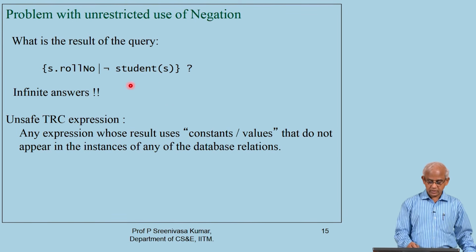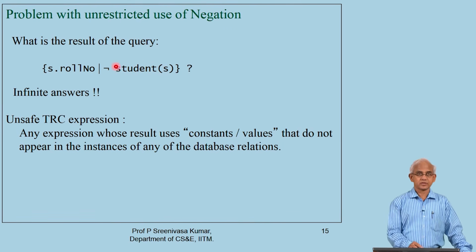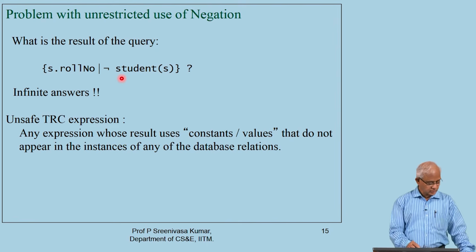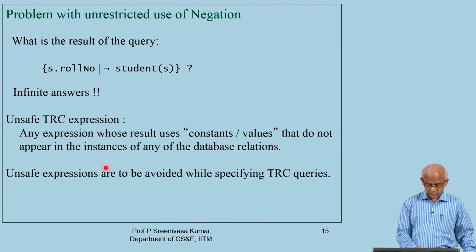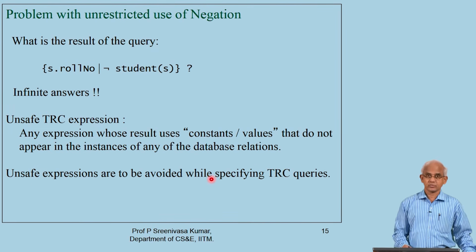So, here is an example of an unsafe TRC expression, because its results will contain a huge number of values which are not really present in any of the database relations. So, one has to be careful about using such kinds of sub-expressions inside tuple relational calculus expressions. We will restrict ourselves to using the safe ones. Unsafe expressions are to be completely avoided when specifying these TRC queries. Okay.